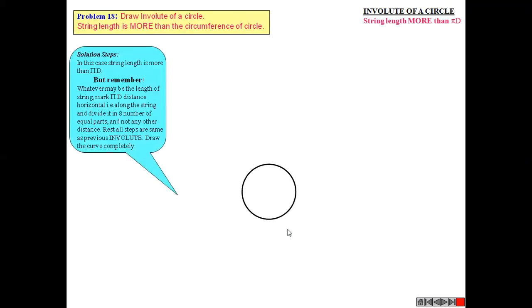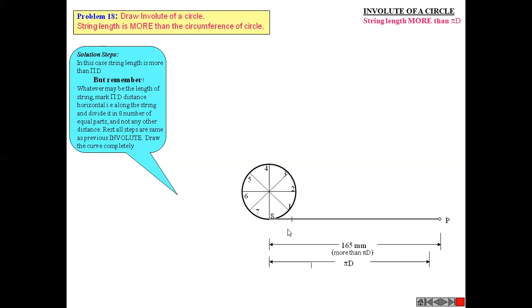Now suppose we have to draw the involute having the length of the string which is greater than the circumference of the circle. In this case, the same process is there, but after point number 8, some distance will be remaining like this.